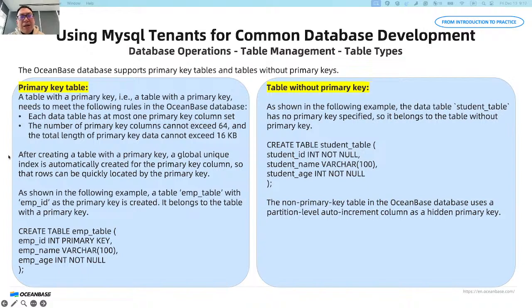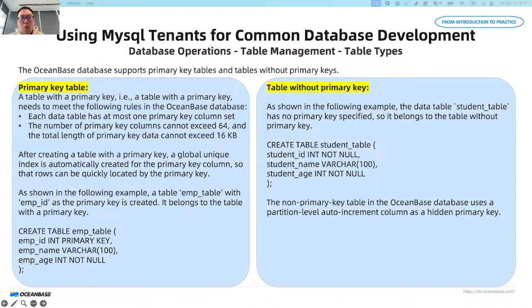After creating a database, we can create the table. The OceanBase database supports primary key tables and tables without primary keys. A primary key table is a table with a primary key. The table with the primary key needs to meet the following rules in OceanBase.